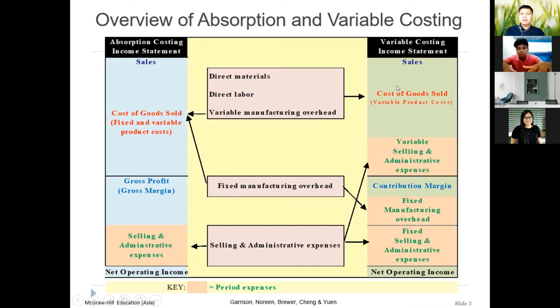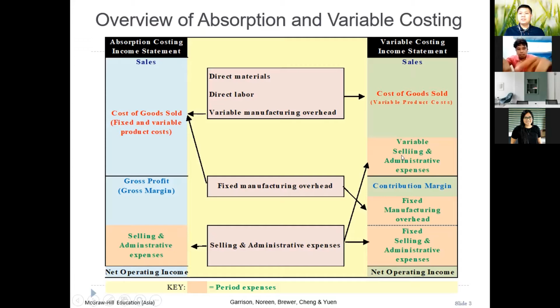All right. On the right column, you have the variable costing income statement. What does it give us? It gives us the sales less the variable expenses, broken down into variable cost of goods sold, the variable product cost, and then the variable selling and administrative expenses.